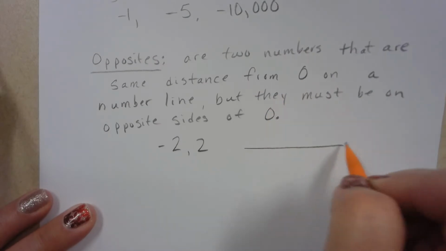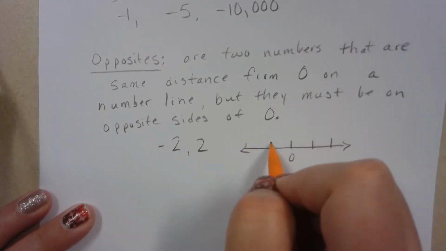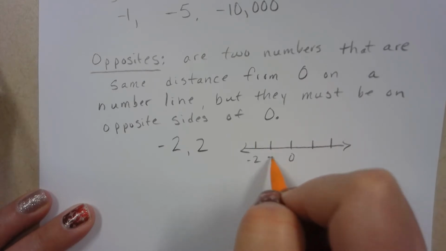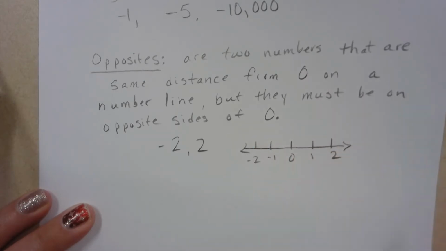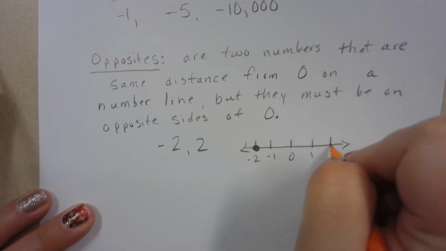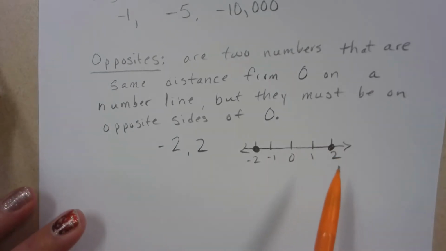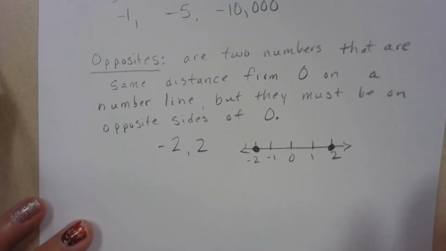If we think about a number line, 2 and -2 are opposites, and they are the same distance from 0, but opposite sides of 0.